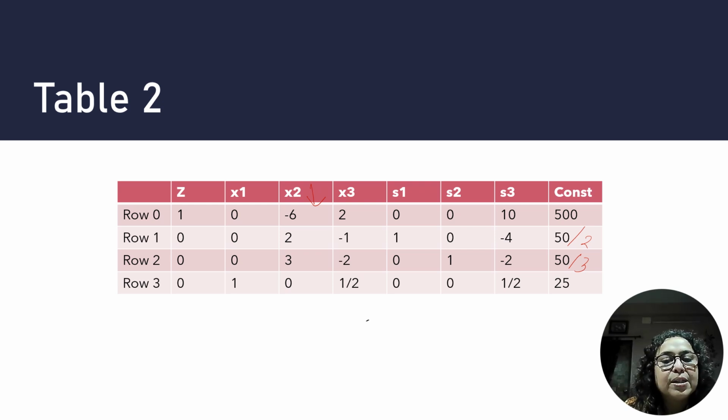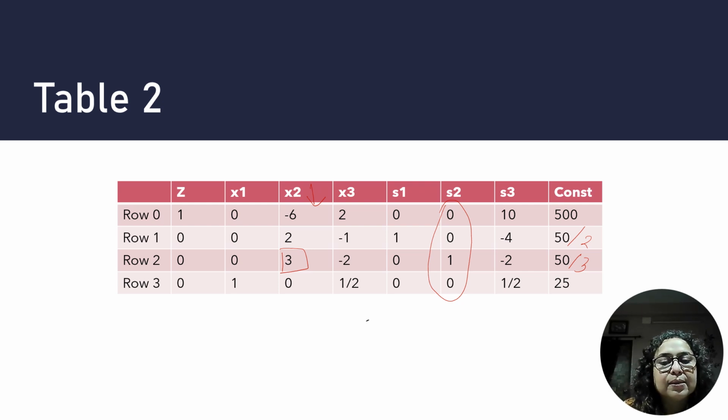So this is going to be my pivot element. I'll make this one and I'll make the rest 0. That means it is going to replace S2.